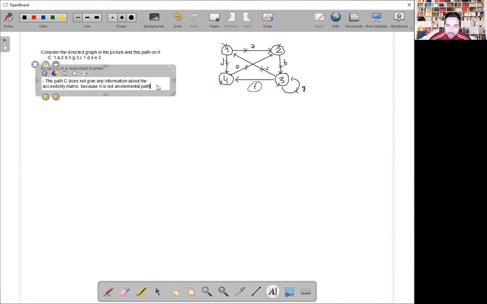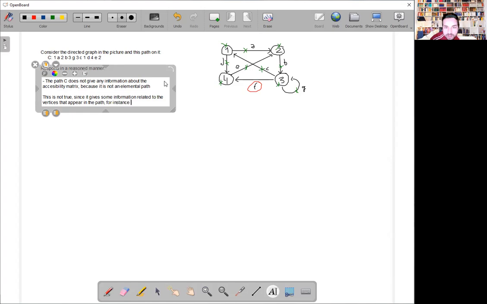So we can write it down here. This is not true since it gives some information related to the vertices that appear in the path.